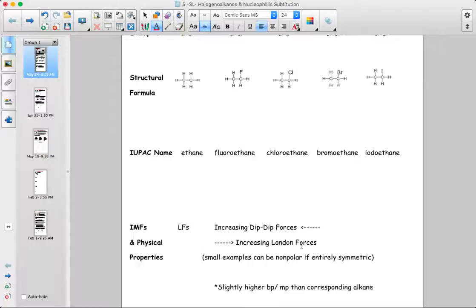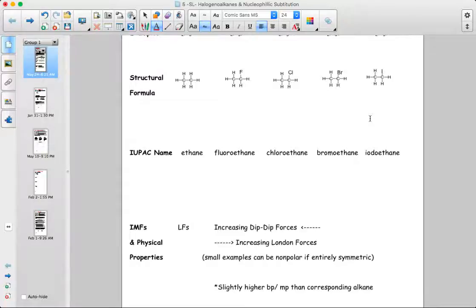However, as we go to the right, the size of the atom, so F to Cl, Br to I, is increasing. And so we have an increasing amount of London forces as we go to the right. So it's a little bit hard to predict which type of halogenoalkane is going to have the higher boiling point or melting point. And so usually you're not comparing fluoroethane to chloroethane in a problem because it would be a little bit too tricky to figure out just by a guess.